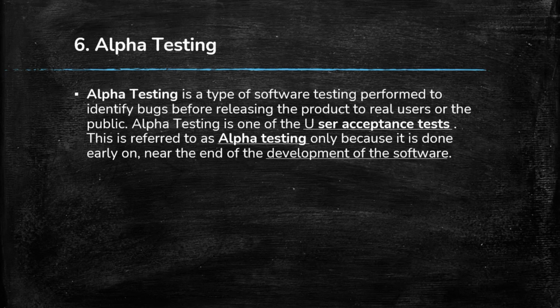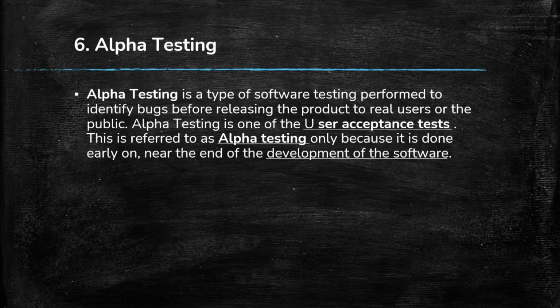Alpha testing. Alpha testing is a type of software testing performed to identify bugs before releasing the product to real users or the public. Alpha testing is one of the user acceptance tests. It is referred to as alpha testing because it is done early, near the end of development of the software.